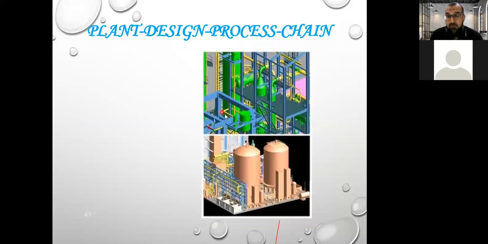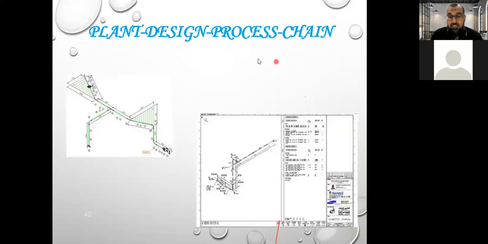This is also another photo of the 3D model. This is also another drawing of some isometric codes that are extracted from the 3D model to start what? To start fabrication and construction. So the 3D model actually also helps for construction, for fabrication, to start the real construction.